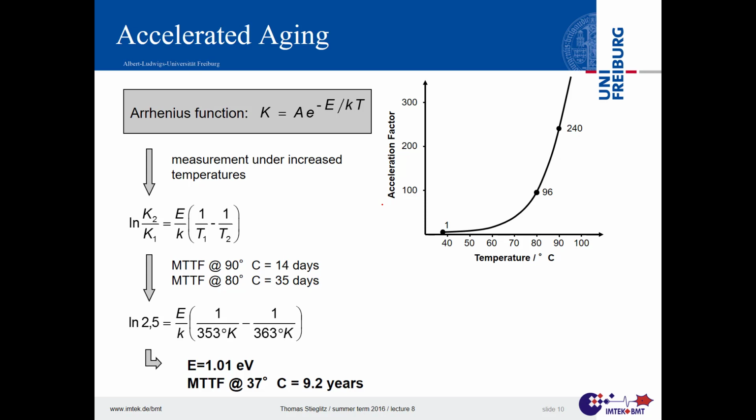So 20 degrees would be then 4 times the time, mean time to failure. That is the rule of thumb that is quite often used, but you should be a bit suspicious, especially if your mean time to failure comes out as 10,000 years or something like that. Then you can be sure that this is a very rough estimation and the reality might be worse than that.